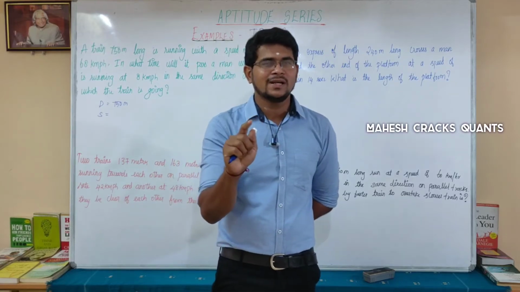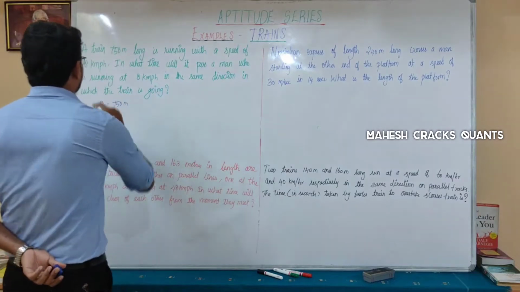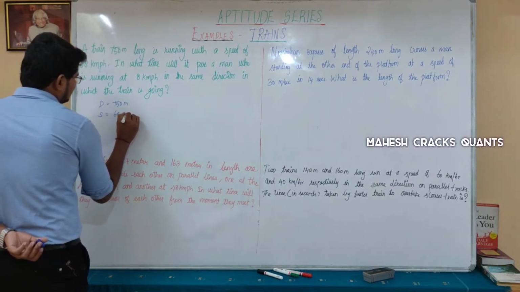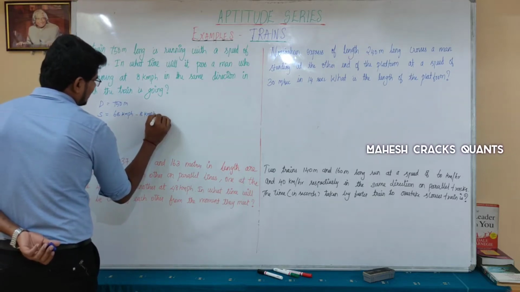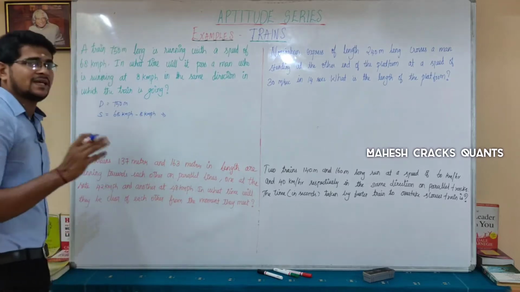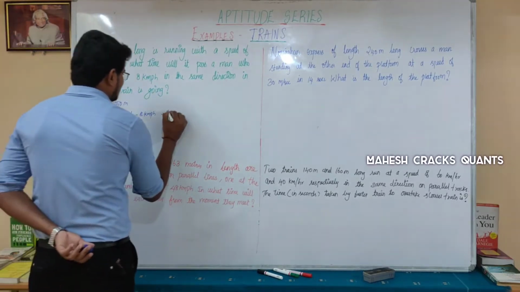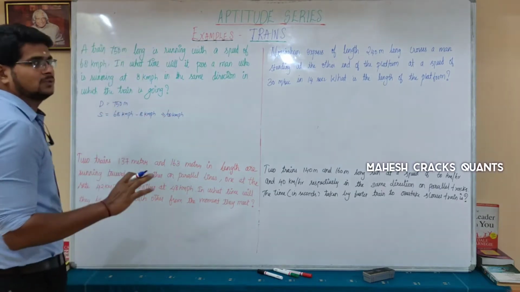So 68 km per hour minus 8 km per hour is the speed here. If the question is about opposite direction, you have to add both of them. So we get 60 km per hour as the relative speed.